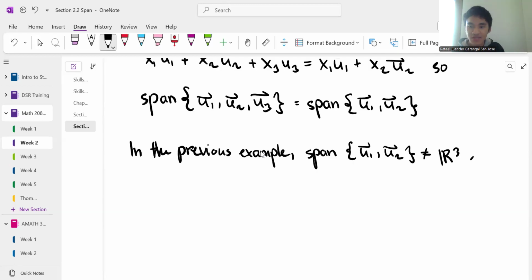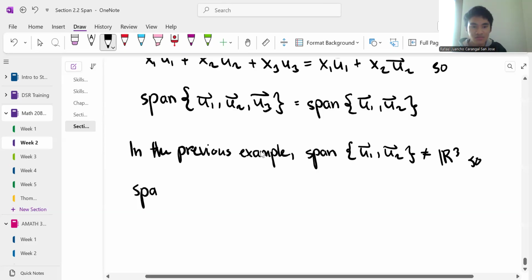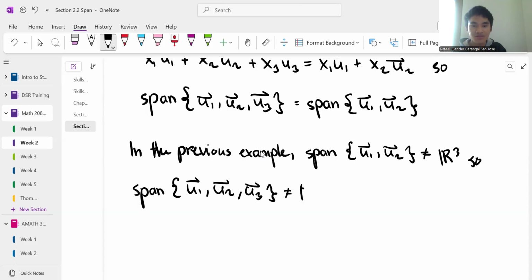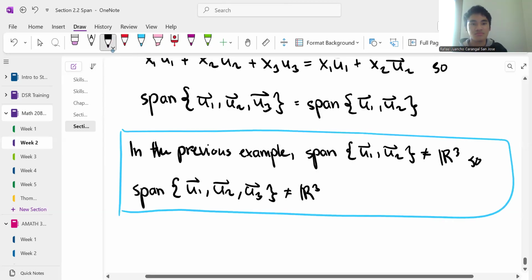But since these two are equal, that means the span of u sub 1, u sub 2, u sub 3 is also not R3. Right? We did show this.